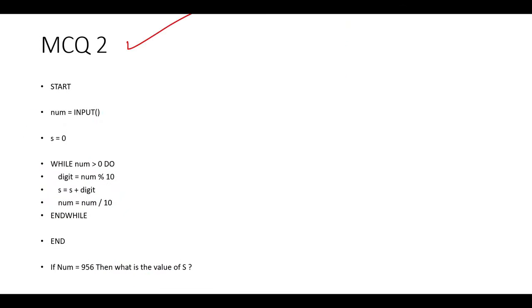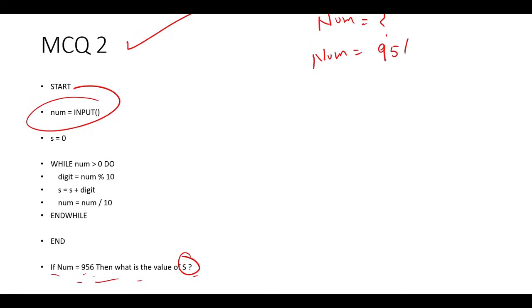This is another MCQ question where we are taking some number as input. We don't know the number, but in the question they have asked: if the number is 956, what will be the value of s? So the value of the number is 956.